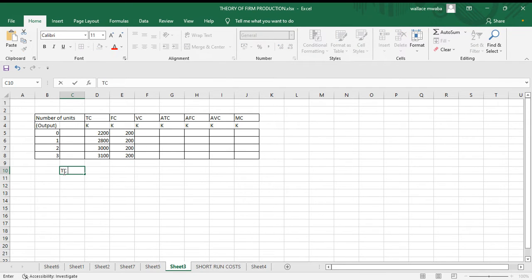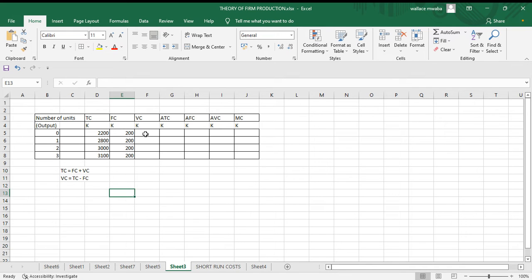Remember, total cost equals fixed cost plus variable costs. So now we have to make variable cost the subject of the formula. So say variable cost equals total cost minus fixed cost.